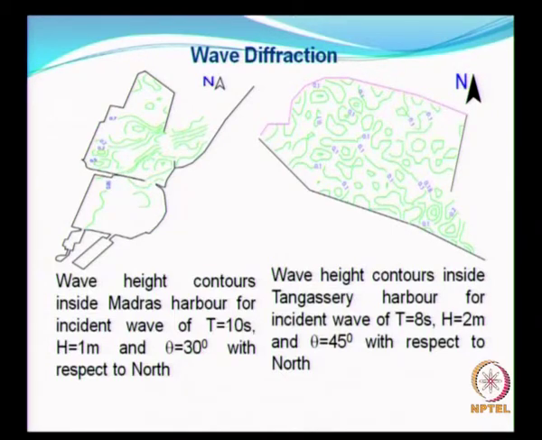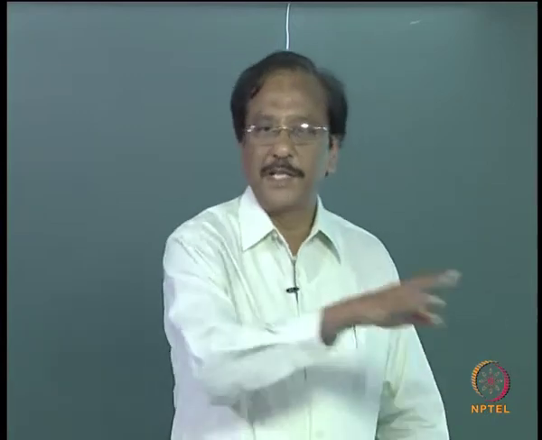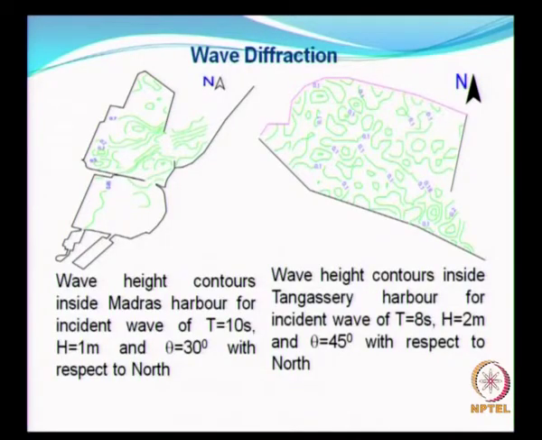If you have a breakwater, if you have a harbor, you design the harbor for a given water depth. So I can always say it is a constant water depth, so I consider only diffraction. But in major harbors, there can be variations in the water depth, then you have to consider both the phenomena. So then the problem becomes more and more complicated, so you resort automatically to numerical models.